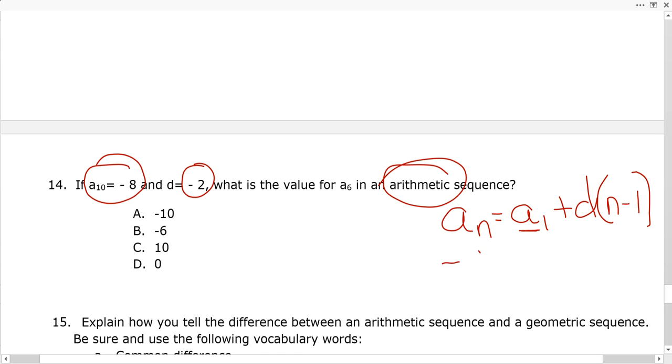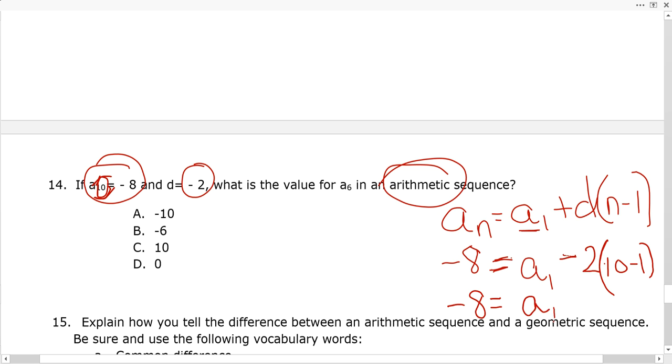So if I have -8, because that's a10, equals a1 minus 2 times n minus 1, and n is 10, so it's 10 minus 1. -8 equals a1 minus, 10 minus 1 is 9, times 2 makes 18.